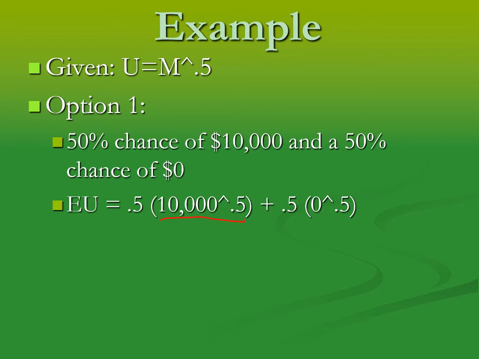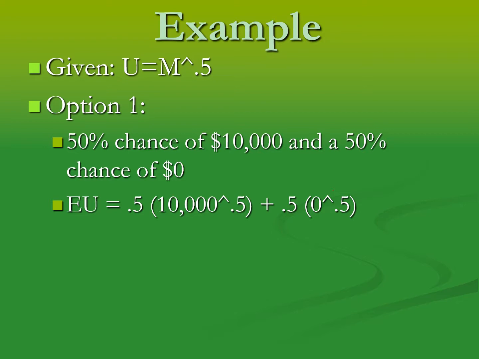And then we find the utility that we would get if we got the other payoff, the $0. And what we do is we plug that into the utility function. And then we take each of those answers and we do step 2. We multiply it by the probability of it happening. Right? So now what we end up with is the expected utility from those two potential payoffs within that one gamble.